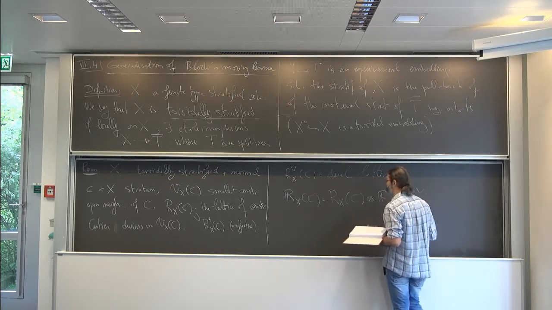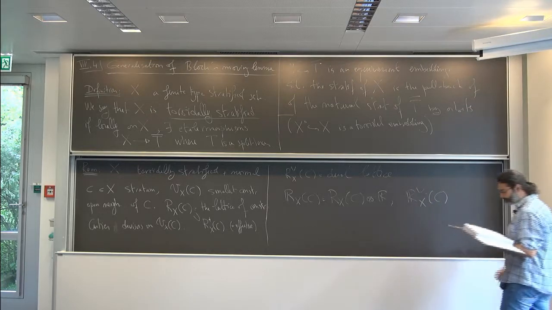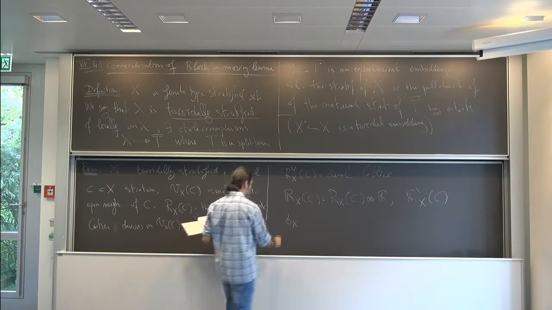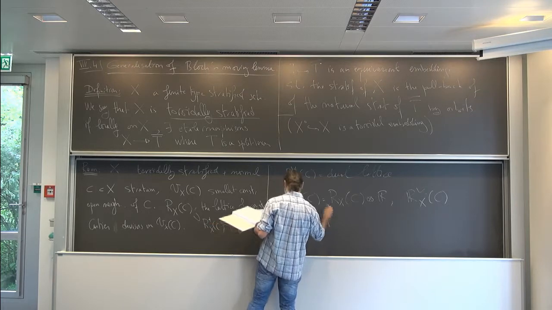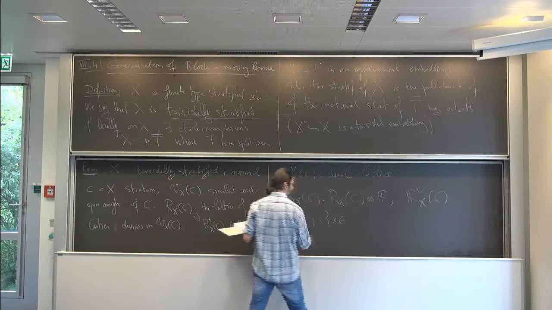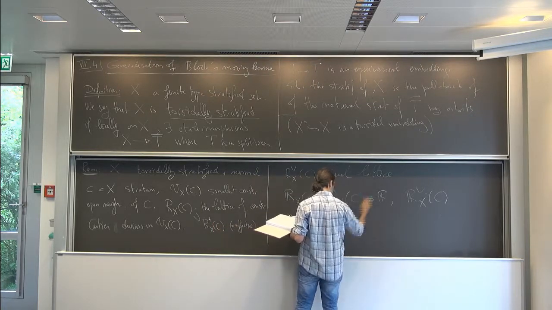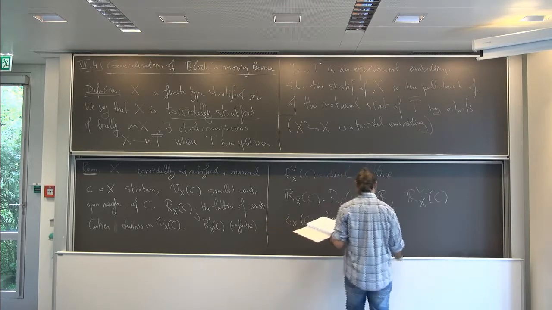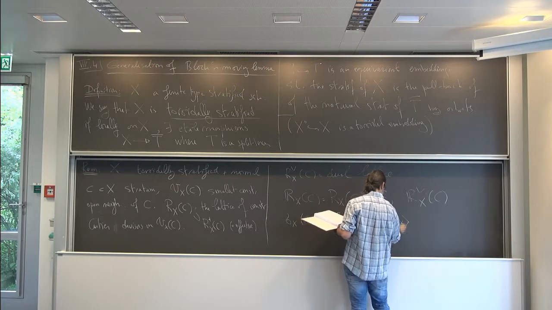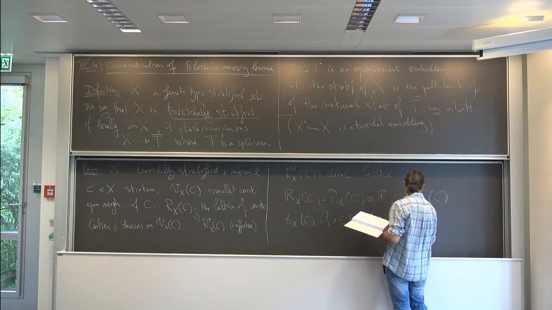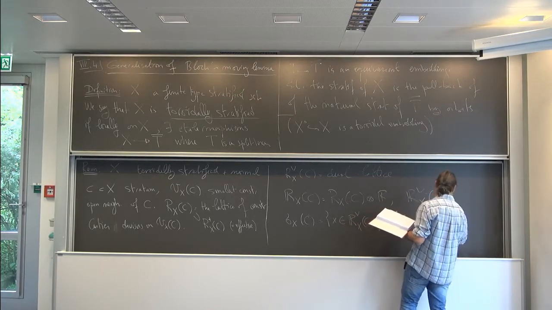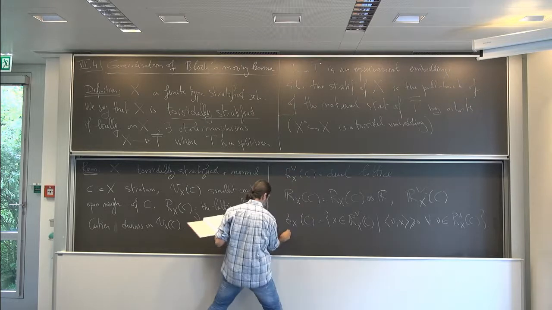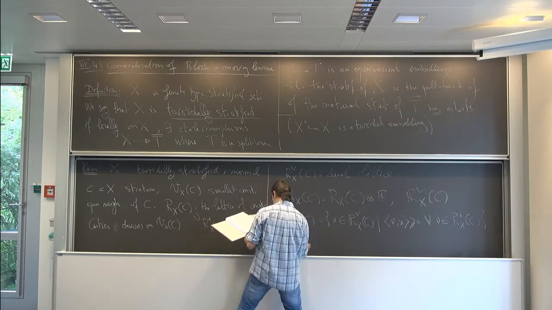Then there is this associated cone, which is denoted by sigma_X(C), and this is defined to be the x in the dual real vector space such that the pairing of x with v is positive for all v effective. So this is a rational convex cone.